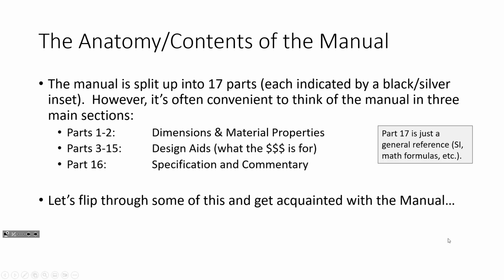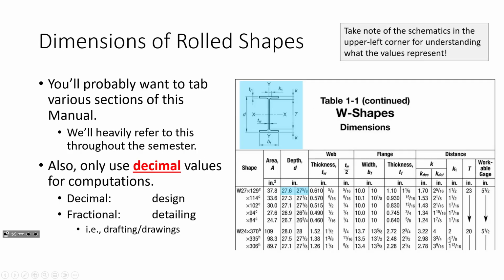All right, so I want to flip through some of the sections in the manual, and I kind of want to get acquainted with what these things look like. So the first thing I want to do is I want to have everybody open table 1-1, okay? So table 1 is the section of the manual that contains all of the dimensions and details associated with all of the hot rolled products that we as steel designers use in steel construction.